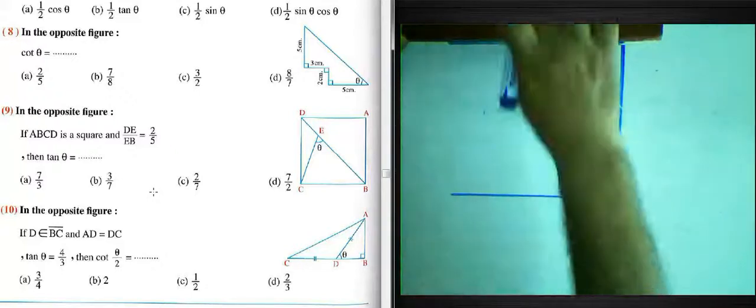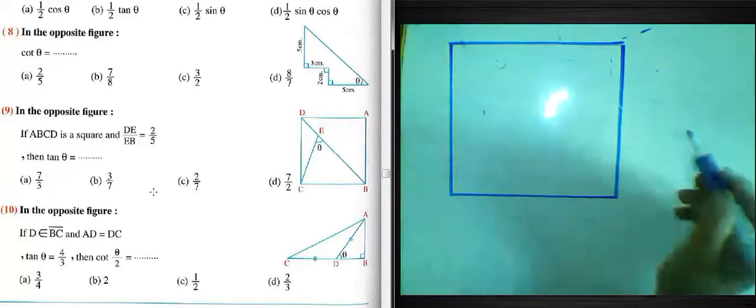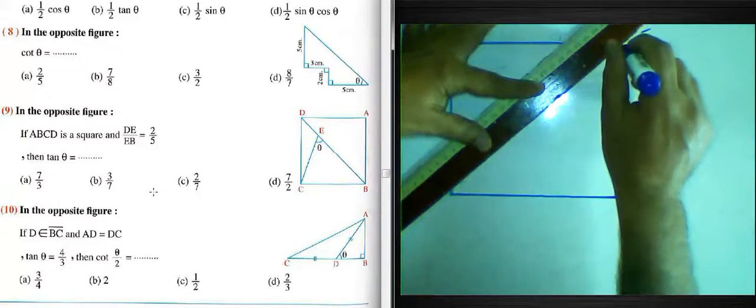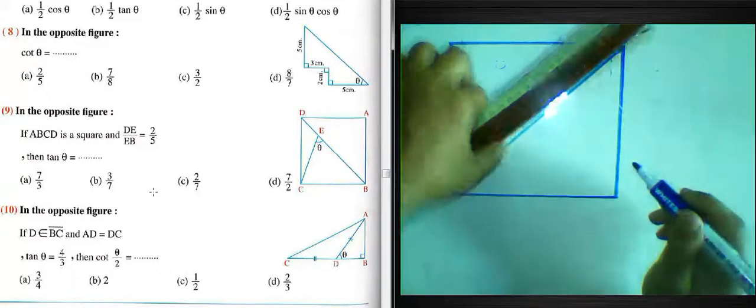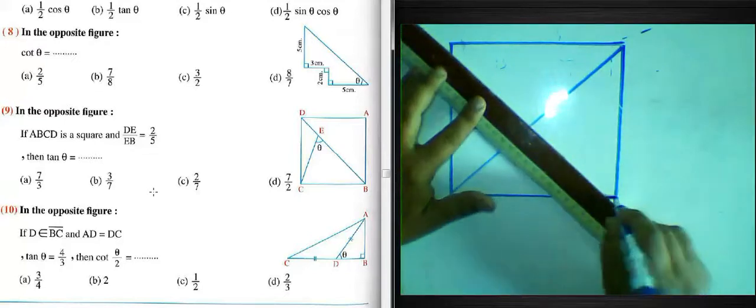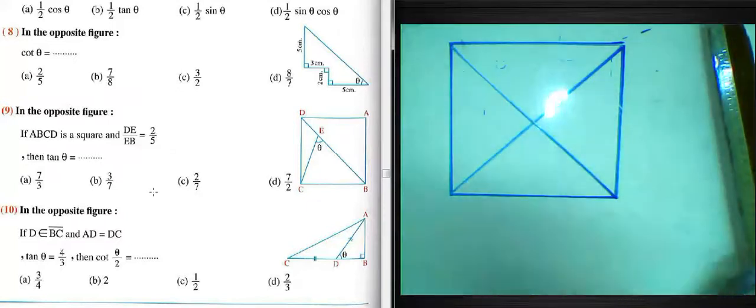In my opinion, we must complete the two diagonals. You must complete this diagonal and this diagonal. Why? Because if we do that, we can find the lengths. We know the two diagonals are perpendicular.